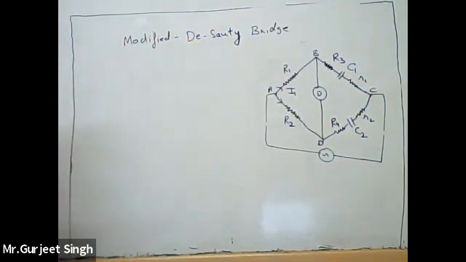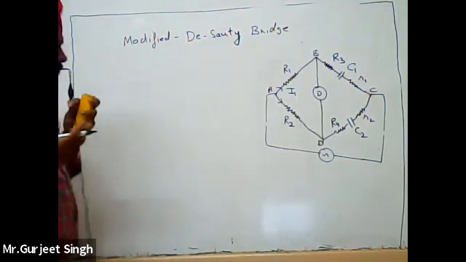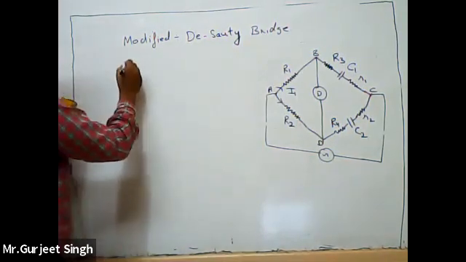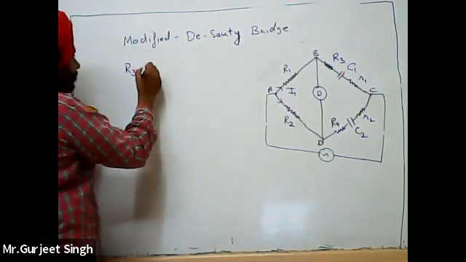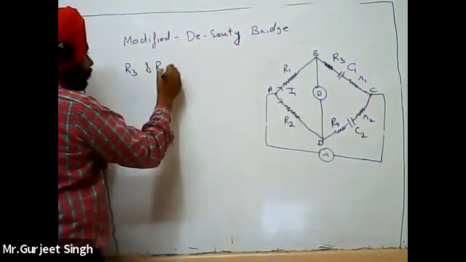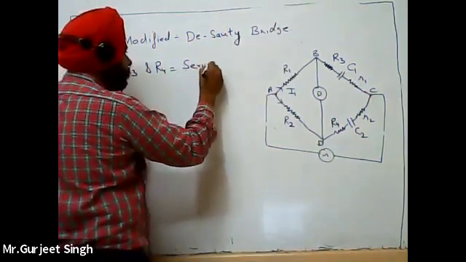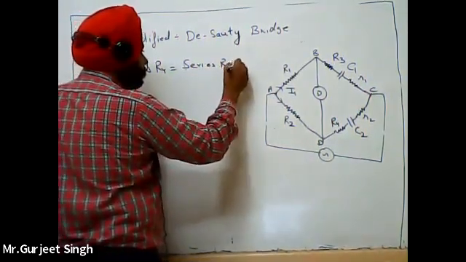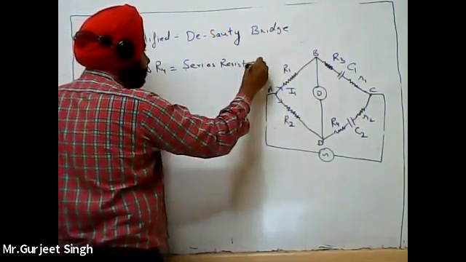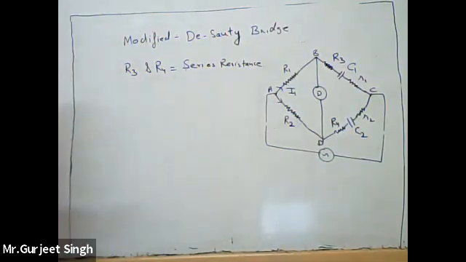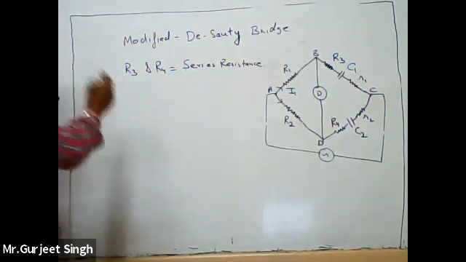What we have done in the modified De Sauty bridge is basically add R3 and R4 as series resistances. These are the series resistances. R3 and R4 are the series resistances.